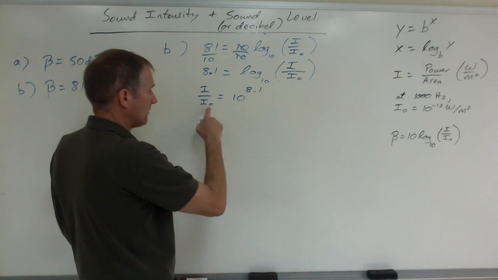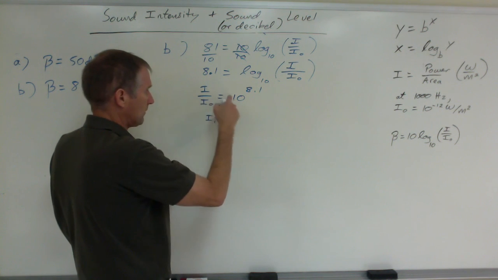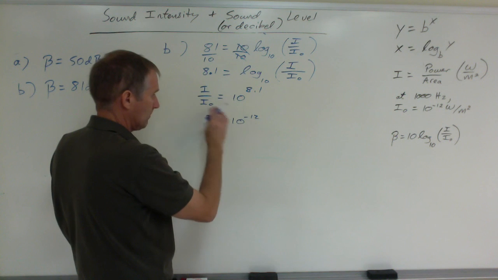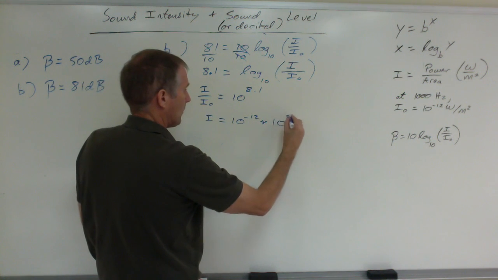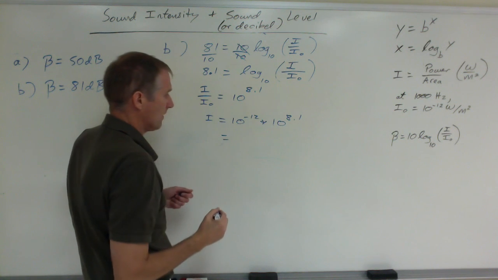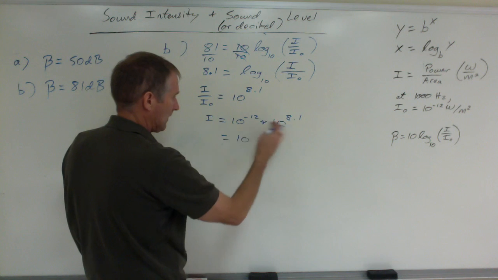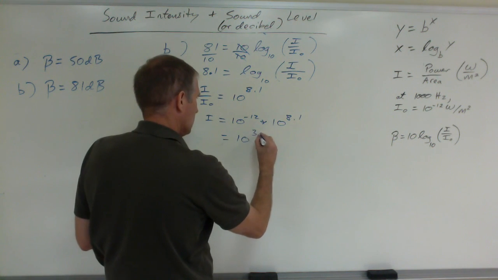Multiply that to the other side. Remember, that's 10 to the negative 12. Multiply that to the other side, 10 to the negative 12, times 10 to the 8.1. You add exponents, negative 12 plus 8.1 is negative 3.9.